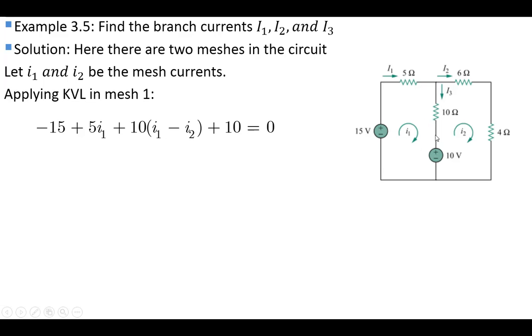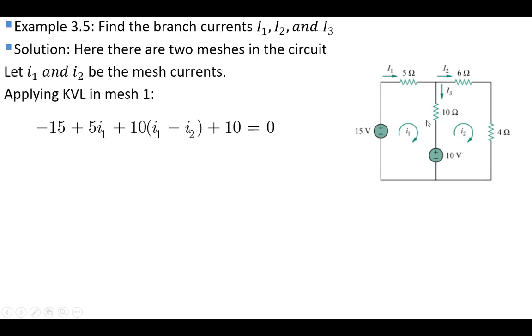Remember, clockwise direction. When we encounter the 10 ohm resistance, we can see that the 10 ohm resistance is common to mesh number 1 and mesh number 2, and we are writing down the equation for mesh number 1.